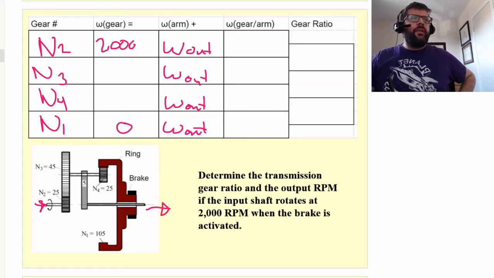We know that the gear ratio for N2 to N3 is 25 divided by 45.